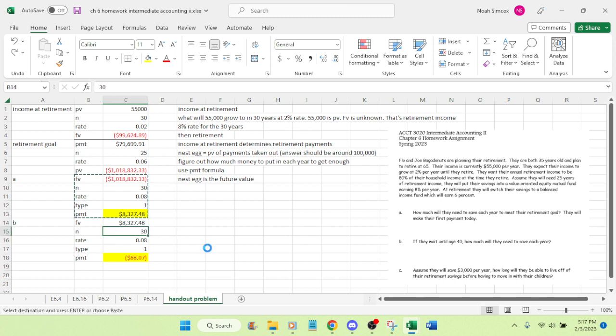Undo. What? Paste this. How did the numbers change? The numbers all changed. Okay, wait. Paste values.